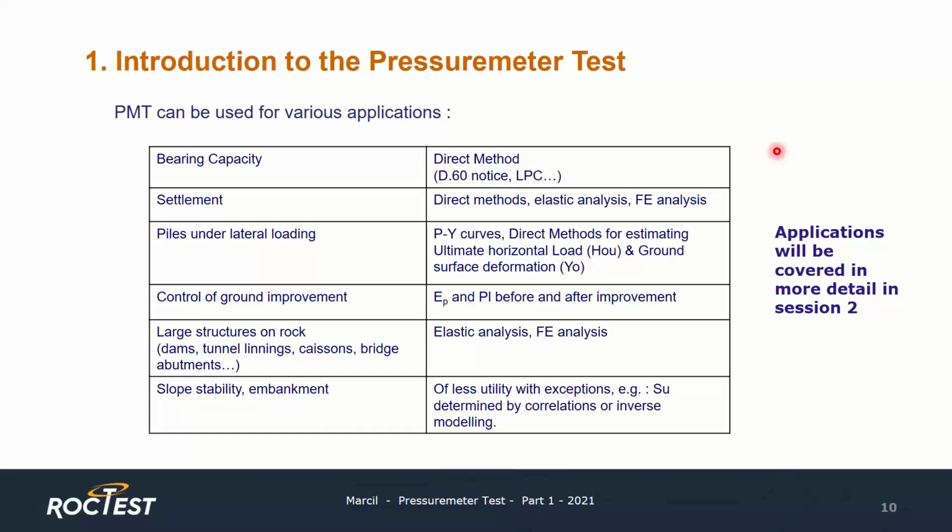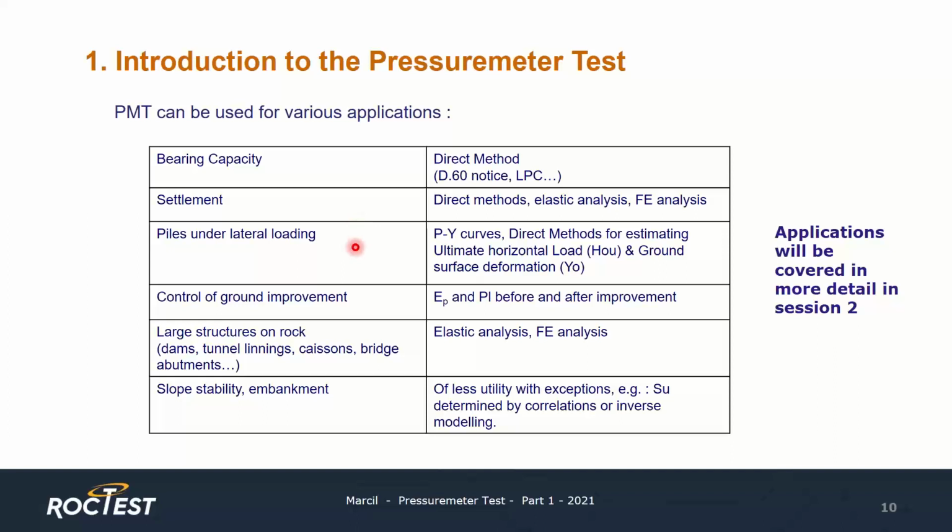The pressure meter test can be used for a number of applications. Typical applications include the estimation of bearing capacities and settlement for shallow foundations especially, but also for deep foundations.